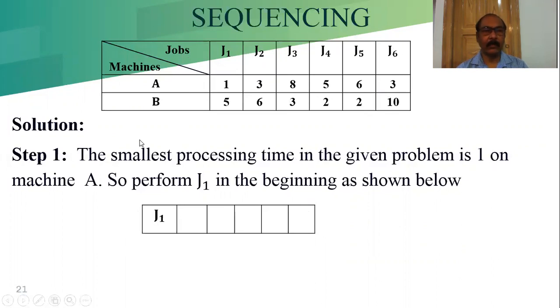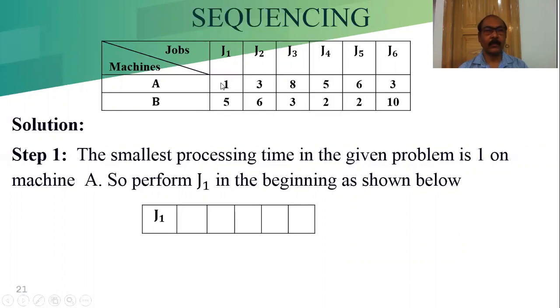First, we have to find the minimum value in A and B. So what is the minimum duration time here? For job 1 on machine A, it is 1. Next minimum is 2, then next minimum is 3 and 3, both are there.